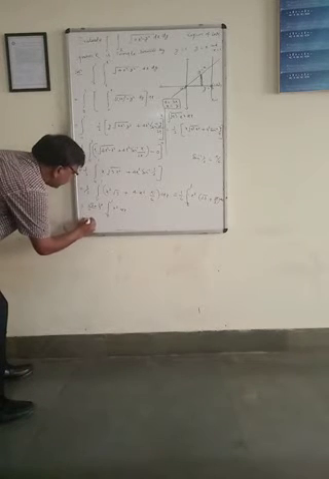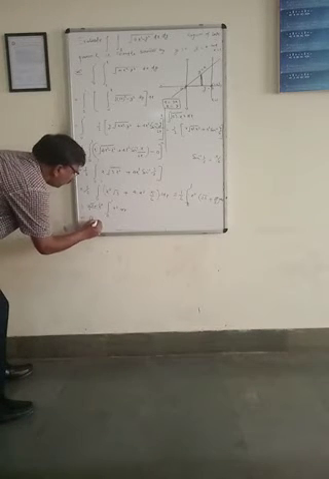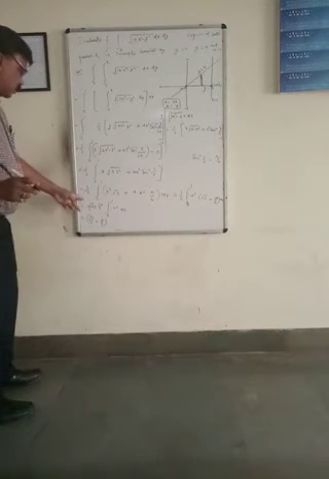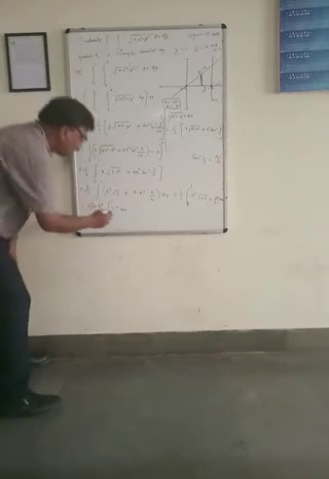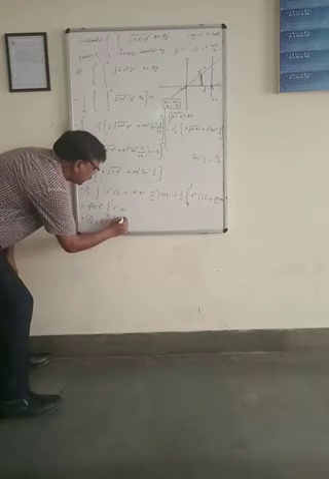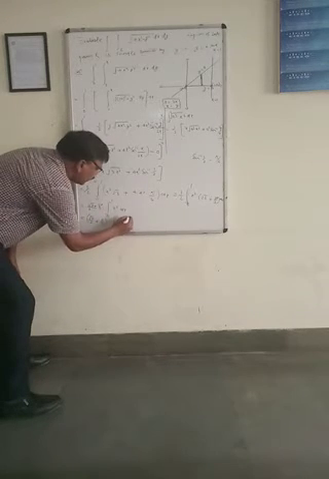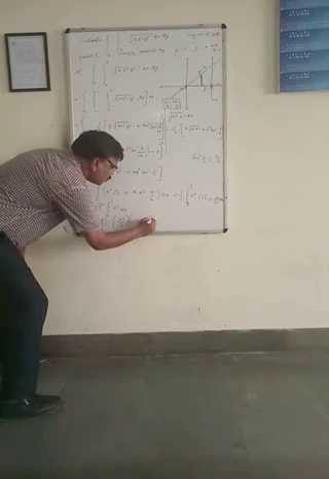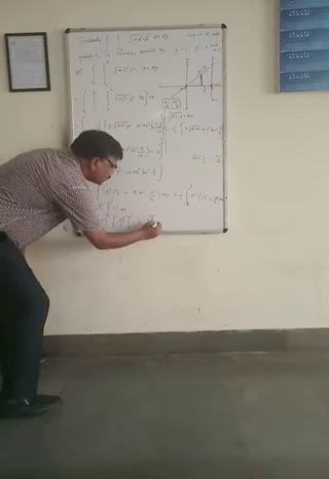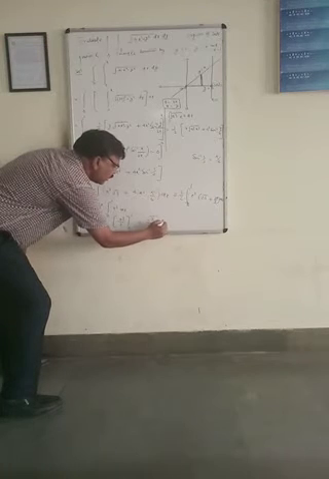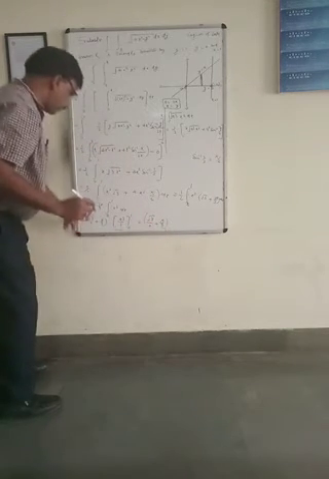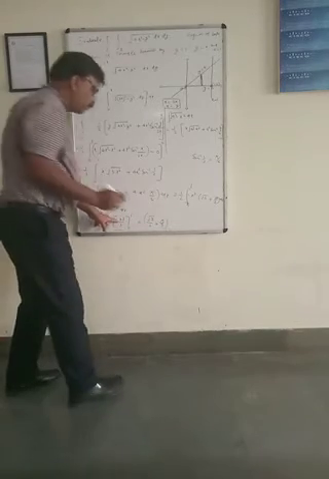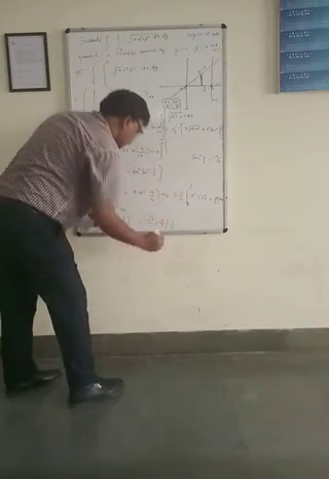This can be written as root 3 by 2 plus pi by 3 common, and the integration of x square is x cube upon 3, lower limit 0 and upper limit 1. So root 3 by 2 plus pi by 3 in one bracket, and putting the value of 1 in place of x gives 1 by 3.